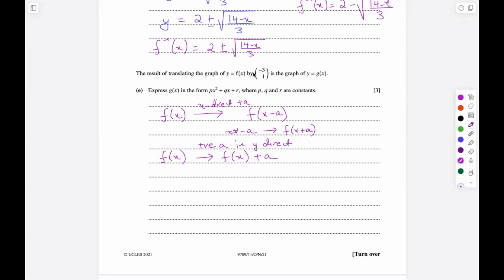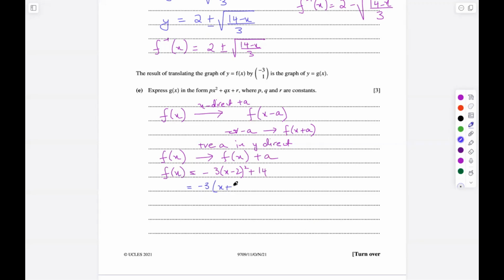So if you're translating f of x by negative 3 units in the x direction, the expression for f of x was minus 3 into (x minus 2) whole squared plus 14. As it is negative 3 units in the x direction, we'll write it as minus 3 into (x plus 3 minus 2) whole squared.